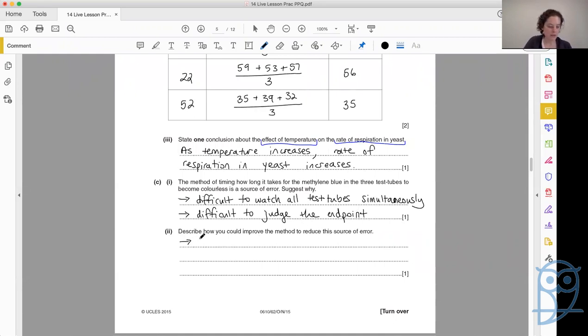So if we pick the first one, it's difficult to watch all test tubes simultaneously, our fix would be do them one at a time. If we pick the second one, it's difficult to judge the endpoint, we could use a colorimeter to judge the endpoint.